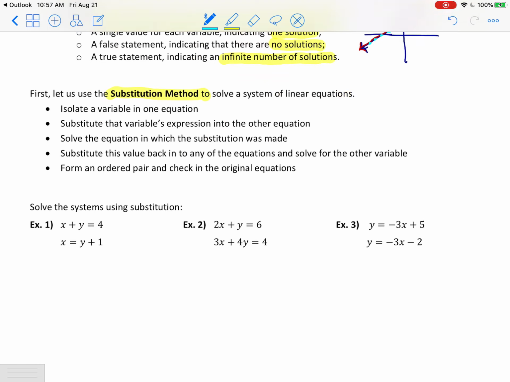All right, let's continue talking about this idea of the substitution method, which is an algebraic method. Really what we mean with substitution is that we are going to be subbing one value in for another. We're going to be taking a value, let's say, what does x equal in terms of y? So it's got y's in the result of that.